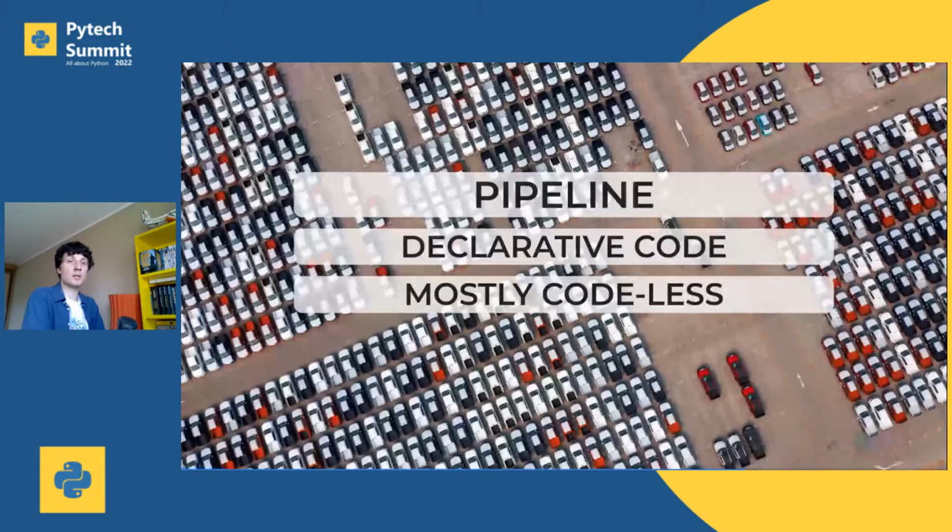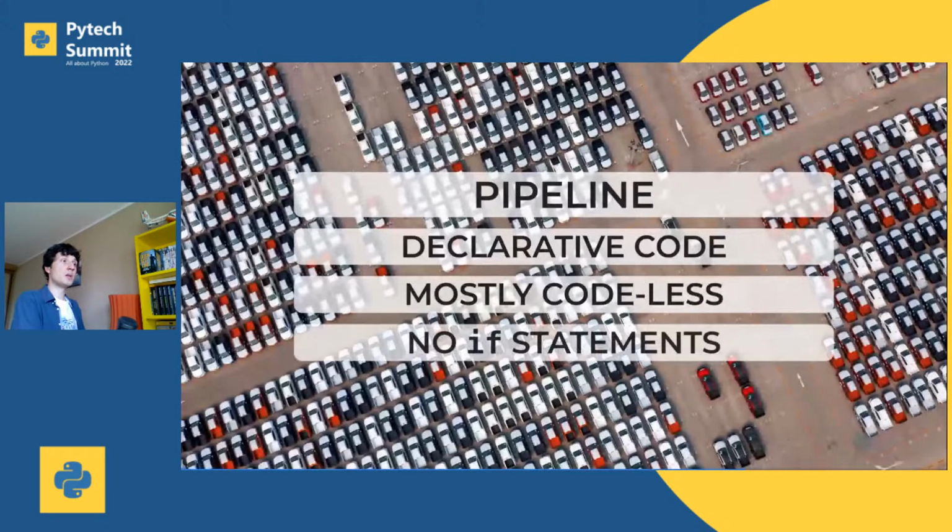Also, training and hyperparameter tuning require some custom handling. But most of the components don't require any imperative code from us. Thanks to our TFX helper library, we were able to avoid any if statements in our pipeline as well.